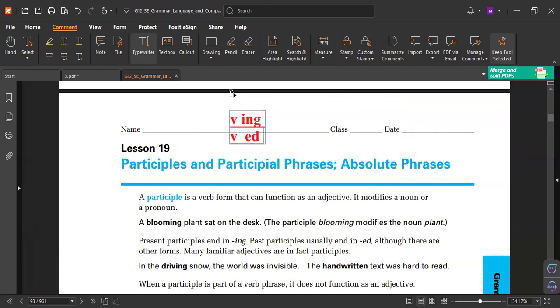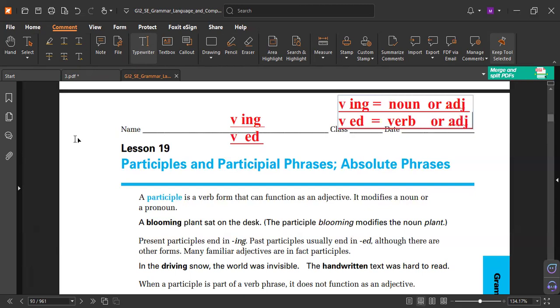So it's okay. When I add verb plus ing in English, it equals a noun or adjective. How about verb plus ed? It equals a verb, as you know, past perfect or past simple, or it is an adjective.